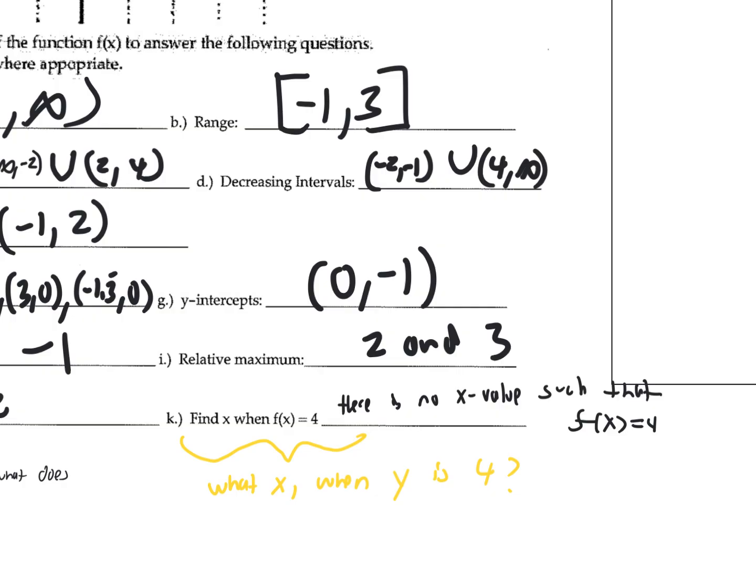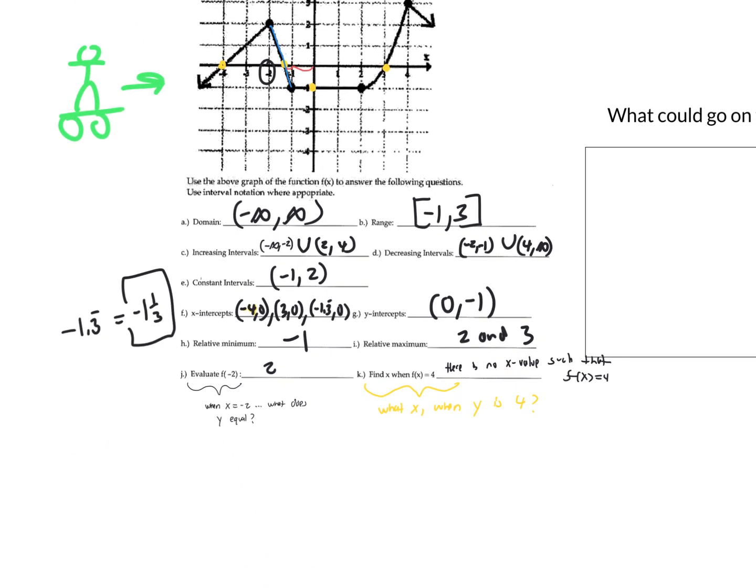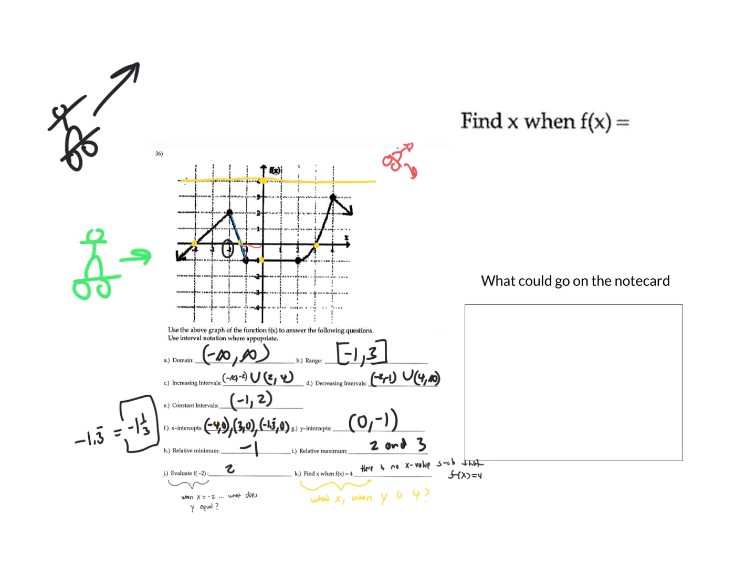All right. Now, for my student watching, imagine they asked a different question. Imagine they asked the following question instead. Imagine they asked, find x when f of x is equal to 1.